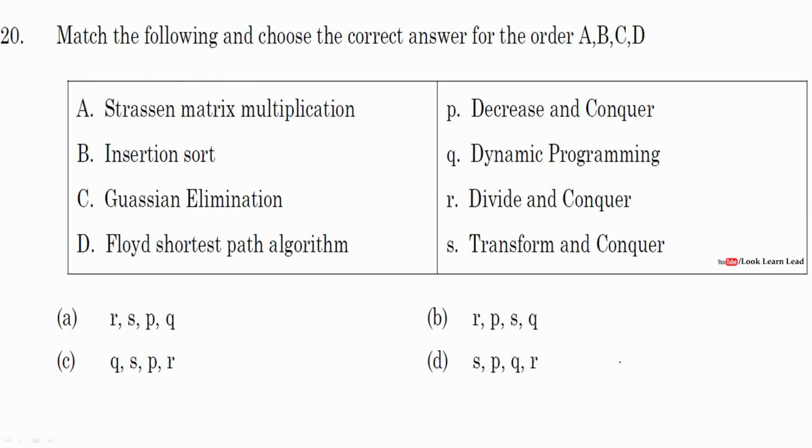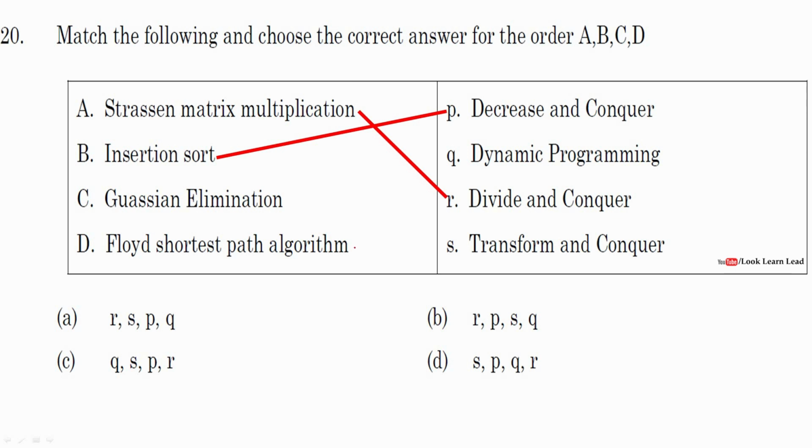Okay. Next question. Match the following and choose the correct answer for the order A, B, C, D. Okay. So see, in this we have Strassen's matrix multiplication, it is divide and conquer. And insertion sort, it is decrease and conquer. Gauss elimination, see, if you have any doubt, out of these 4 you would be knowing at least 2.